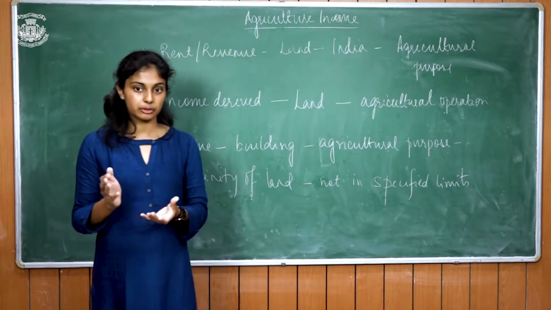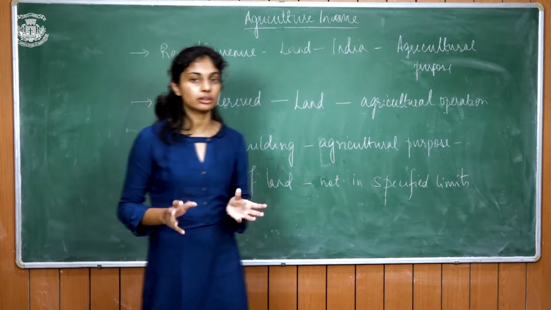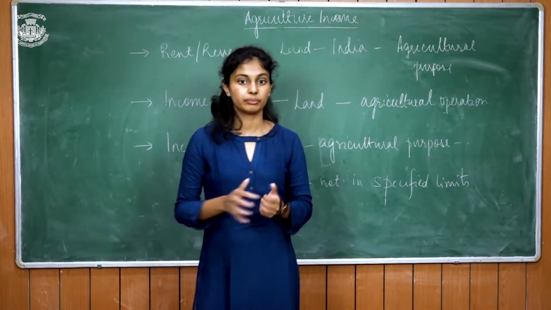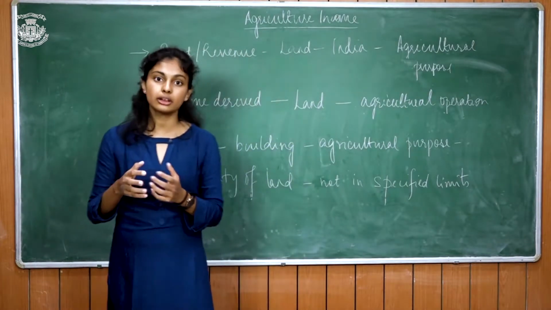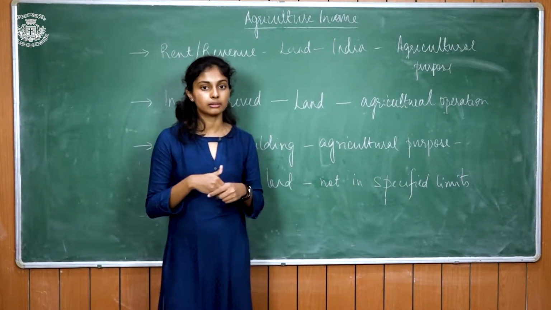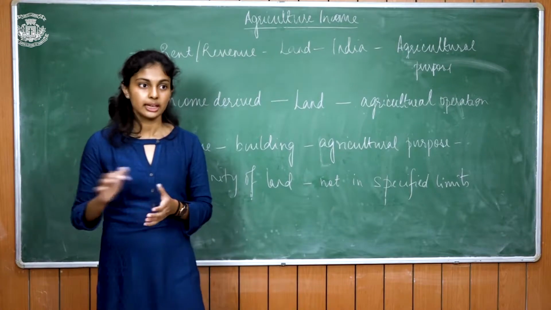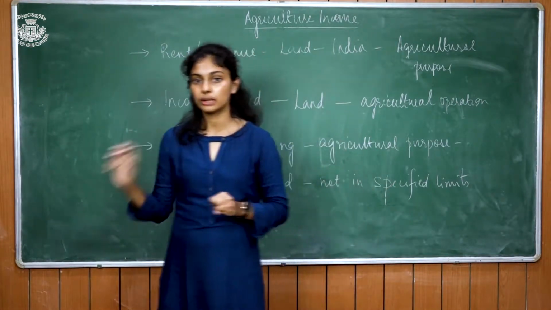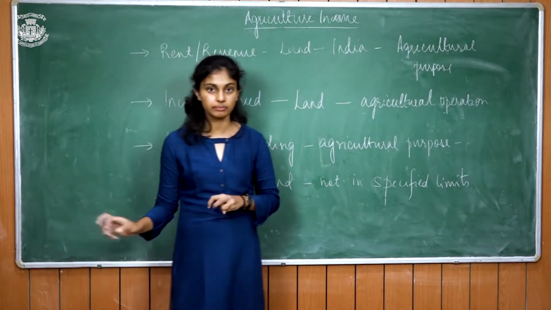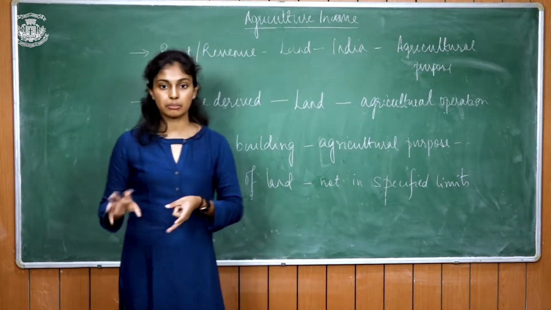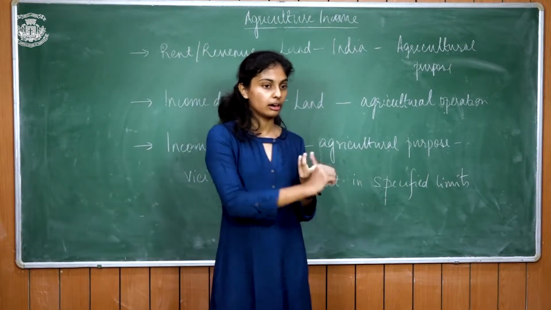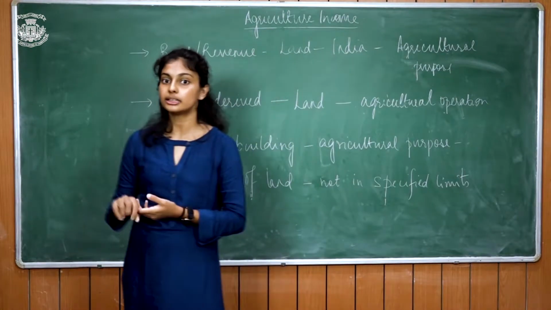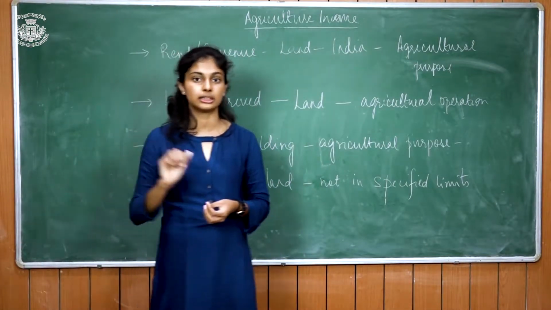Now, this split between agriculture and non-agriculture depends on the type of operation. If the person is engaged in cultivation of tea, in such cases, 60% of the income is treated as agricultural and 40% is treated as non-agricultural income. If he is engaged in rubber cultivation, then 65% is agricultural and 35% is non-agricultural income.